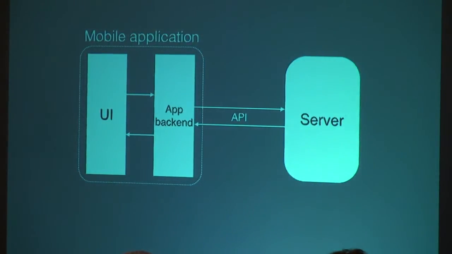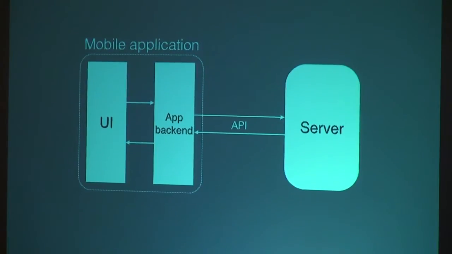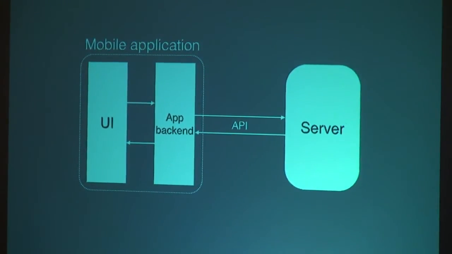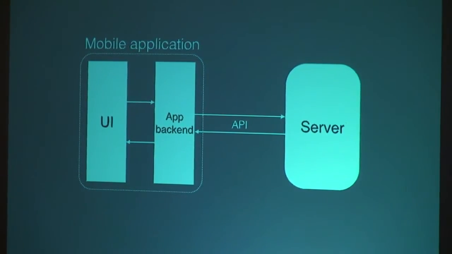What I mean by a great app backend is represented by this schema. We always have a server side, and we have our mobile application. They communicate with each other through an API, and to allow very good flexibility on the UI side, you have to separate the UI from the backend in your app.